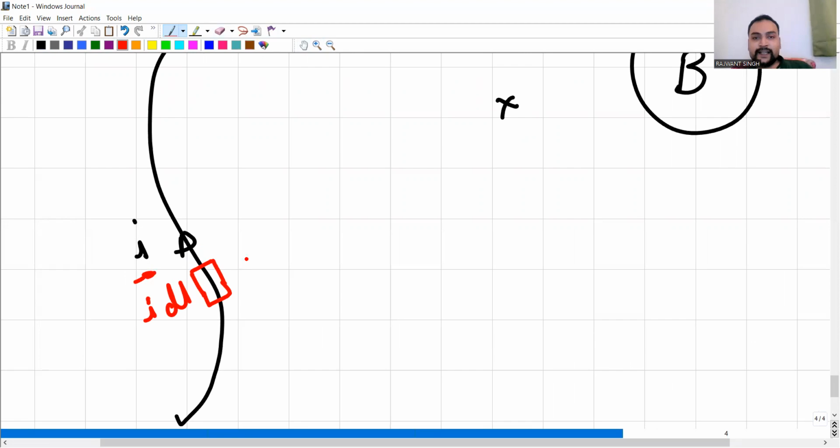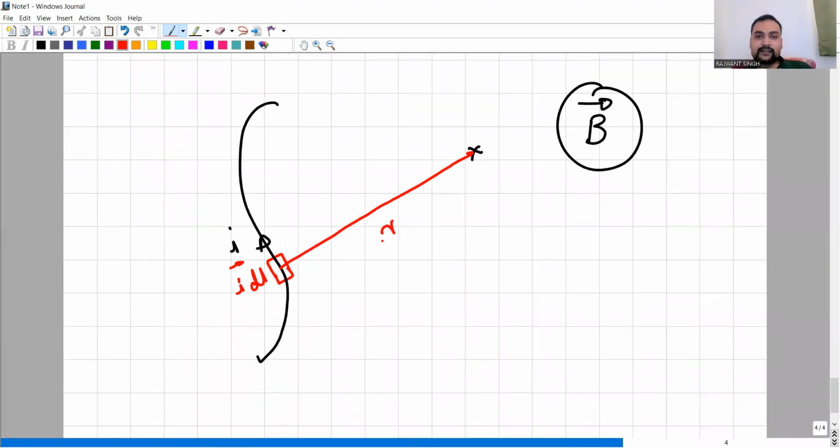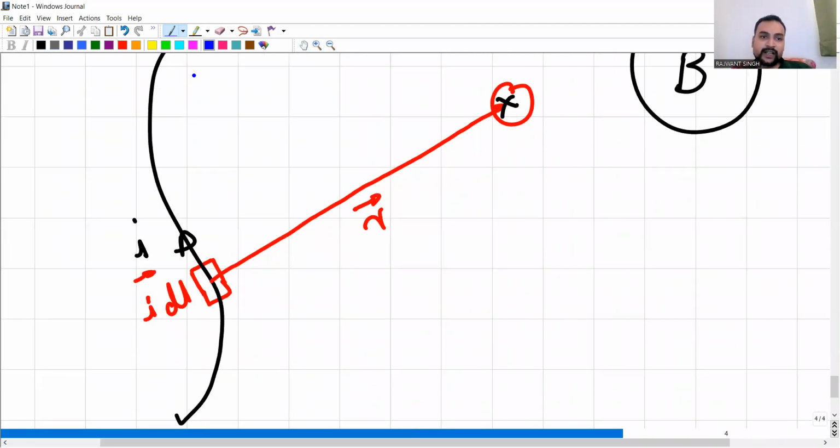Now from this Idl there will be a distance to this point. This distance, let's say, is r. So the position of this point with respect to this Idl is a distance r, and this is also a vector. We call this the position vector of this point with respect to this Idl. So Idl is a vector, r is also a vector, and there is an angle between them, theta.